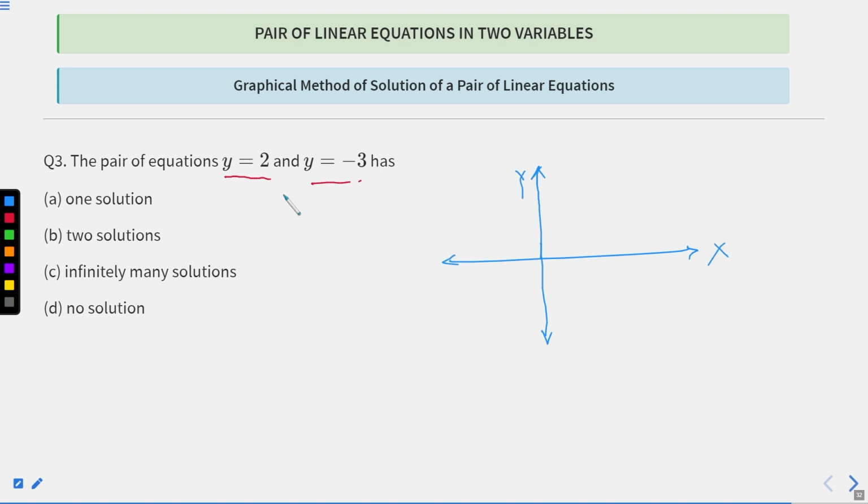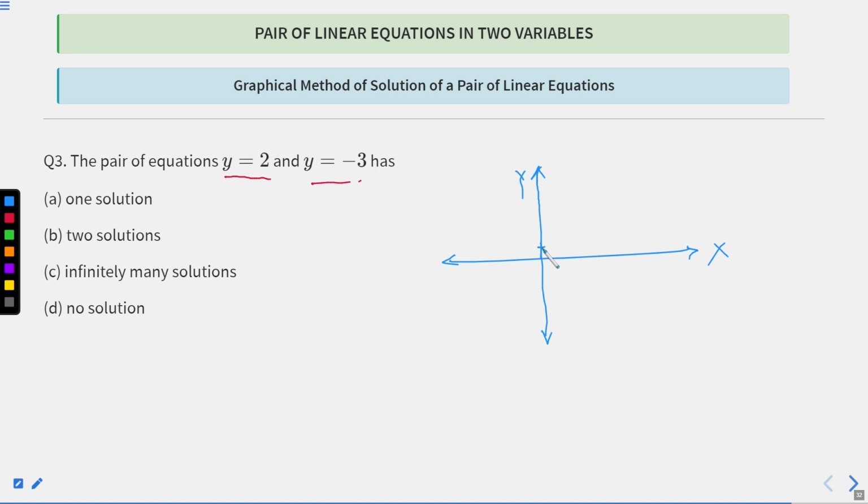Now if we draw the line y = 2, here y is some constant, and we know that when y is constant, the line is parallel to the x-axis, at a distance of 2 units in the positive direction of the y-axis.